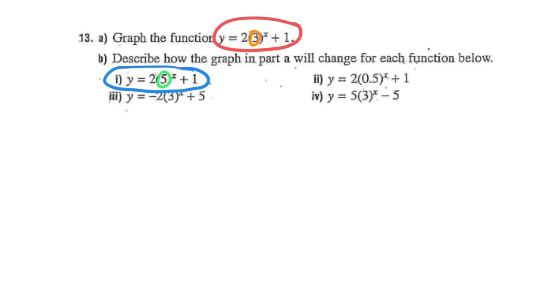So what you're really looking to see then is, how could I write 5 as 3 to some exponent? Now, I want to make sure that we don't get too confused with the x at times. If we generically use an x, then we may look back at the original function and think that those x's are the same. They are not.